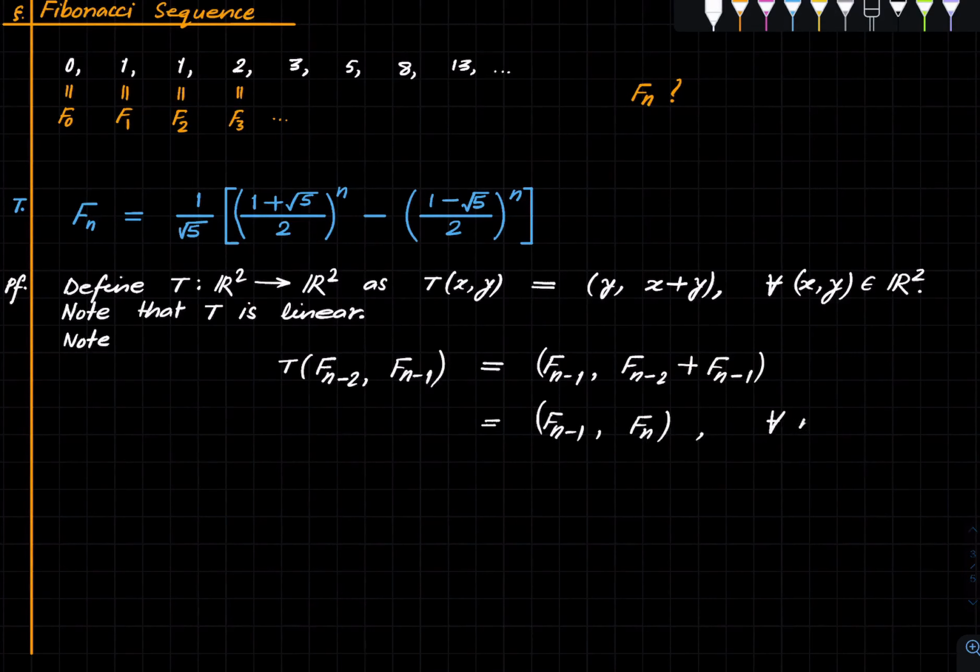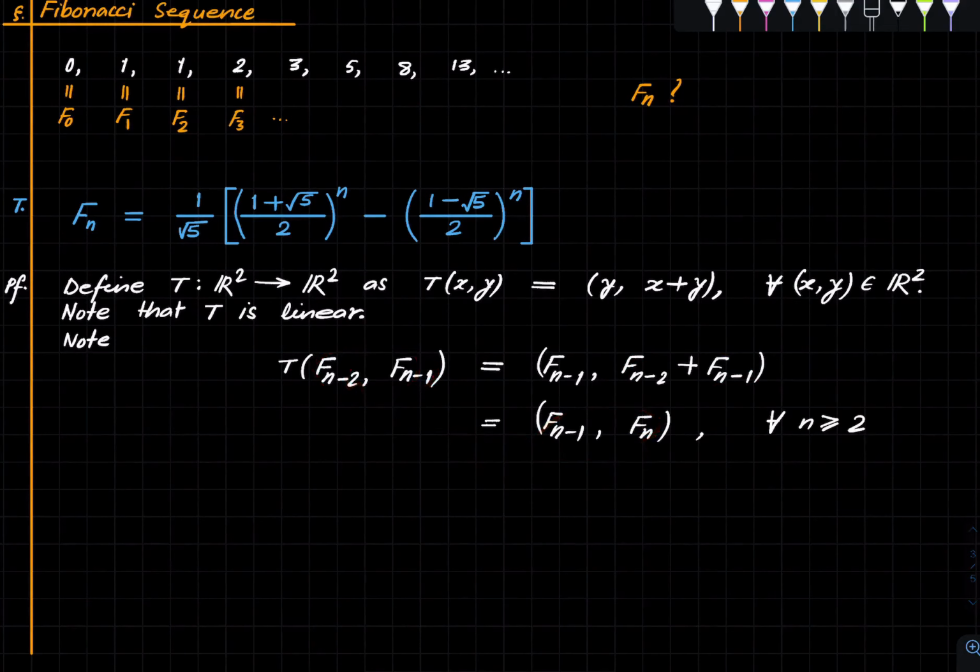This is for all n greater than or equal to 2. Right, so the way the Fibonacci sequence was defined, we have this sum is equal to that, because the nth Fibonacci term is the sum of the previous two terms. So maybe I should have written it here, but anyway. So this is an important observation, that this becomes that under one iterate of T.